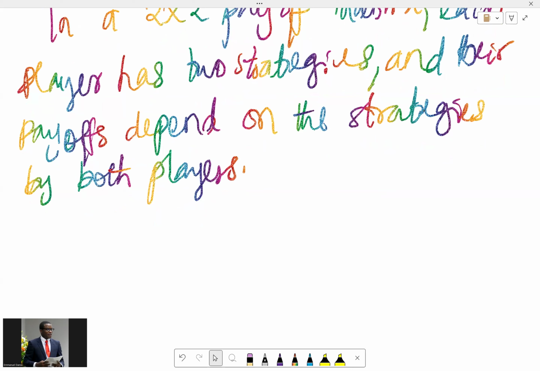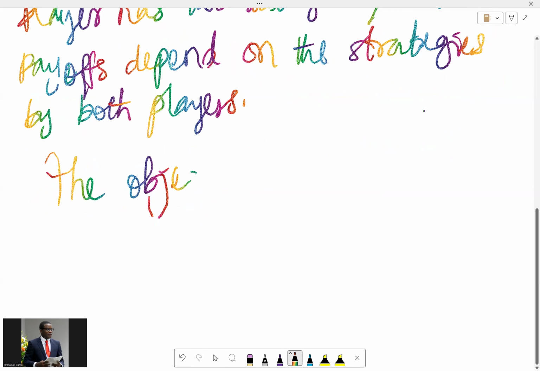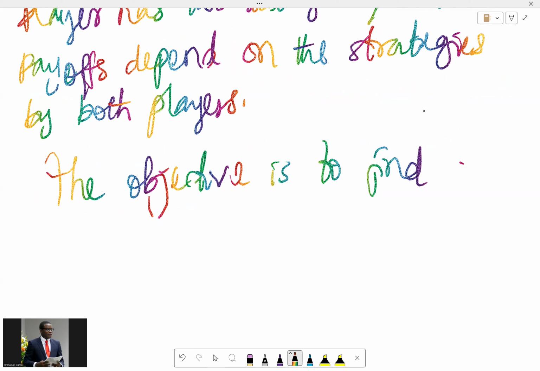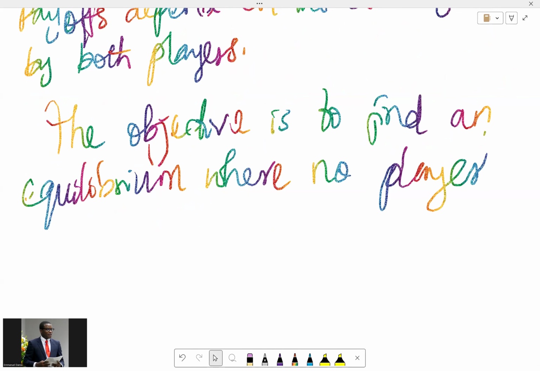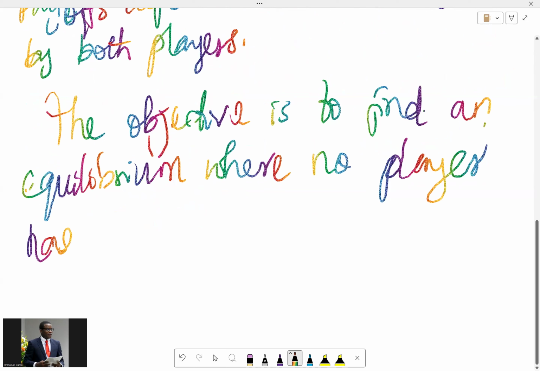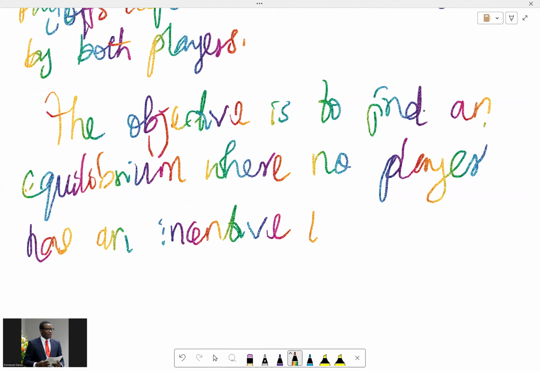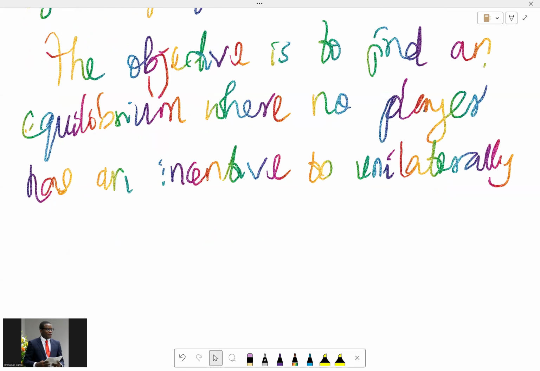So the objective is to find an equilibrium where no player has an incentive to unilaterally change their strategy.